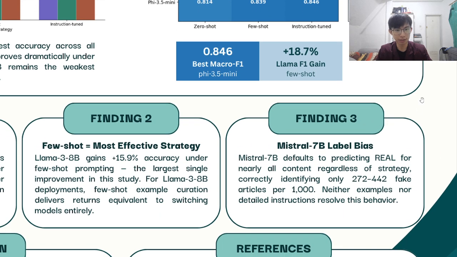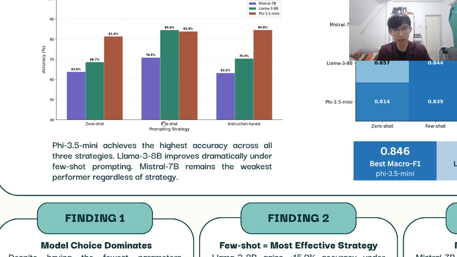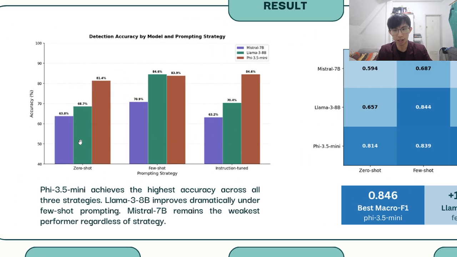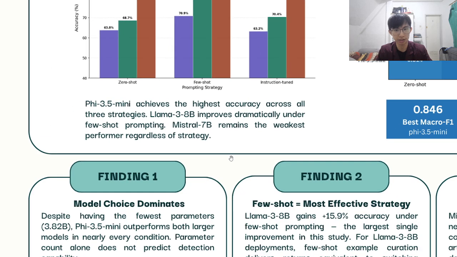The last one is that Mistral 7B has a label bias, which is basically the reason why this model's performance is so bad compared to the other two.